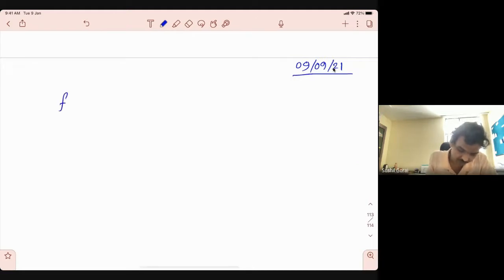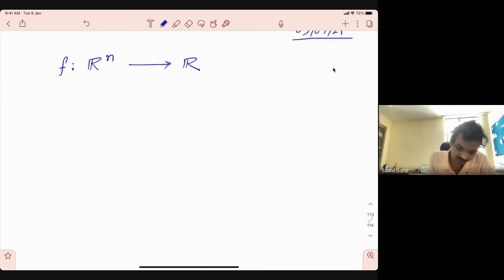Suppose f is a function from, let's say, Rn to R. Let a equal to (a1, ..., an) be a point in Rn.